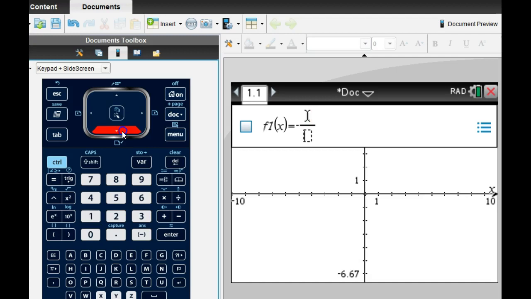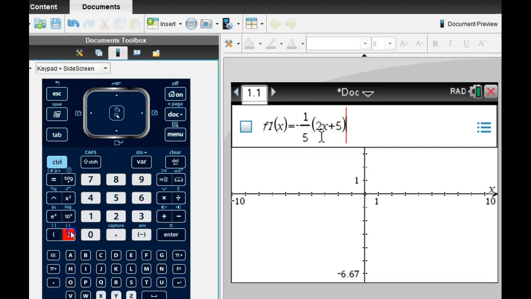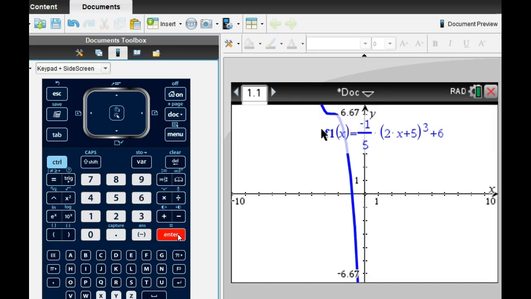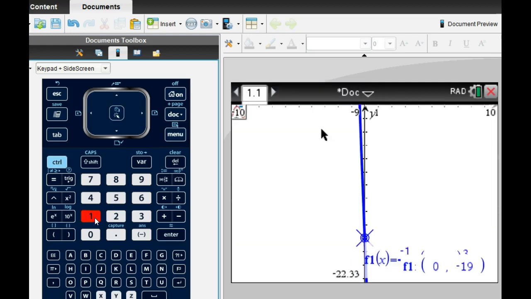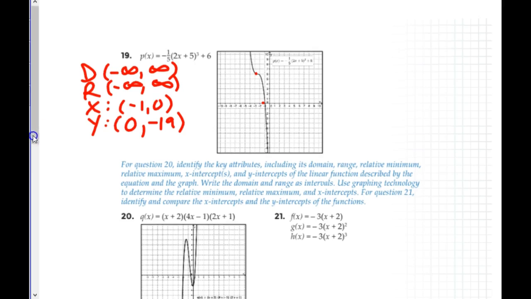Negative 1 over 5, (2x + 5) cubed plus 6. Menu 5, 1. Y-intercept is (0, -19). Wow. Using menu 5, 1. And then the inflection point is right there, but we don't need to write that down. Didn't ask for it.